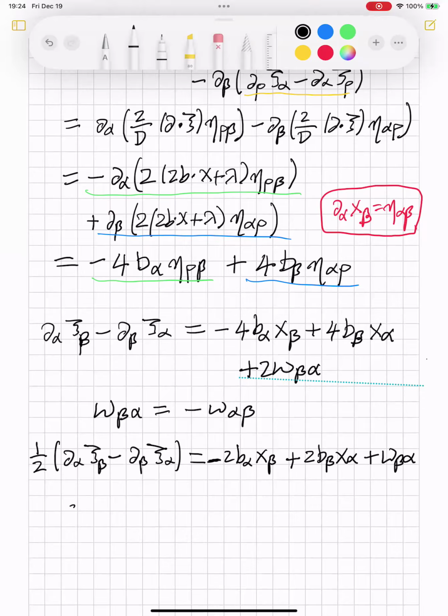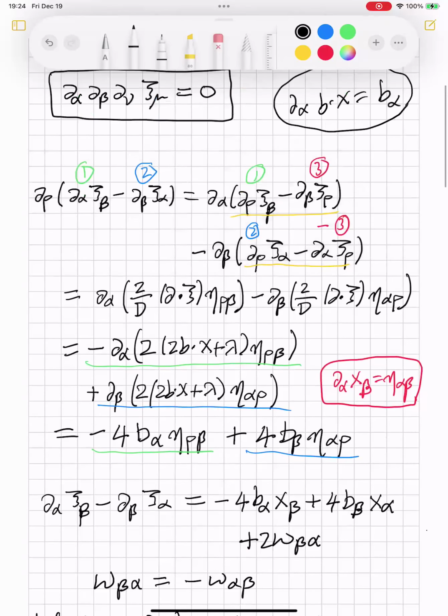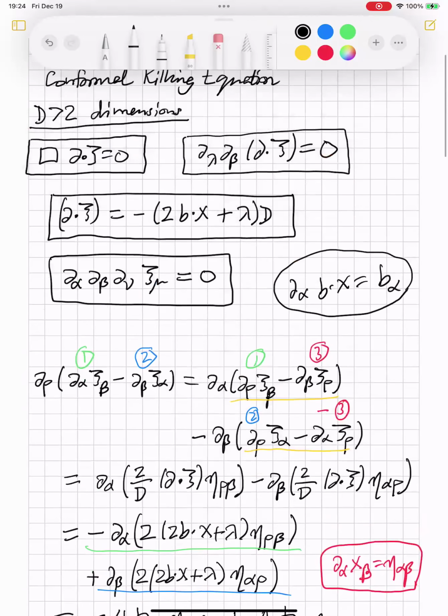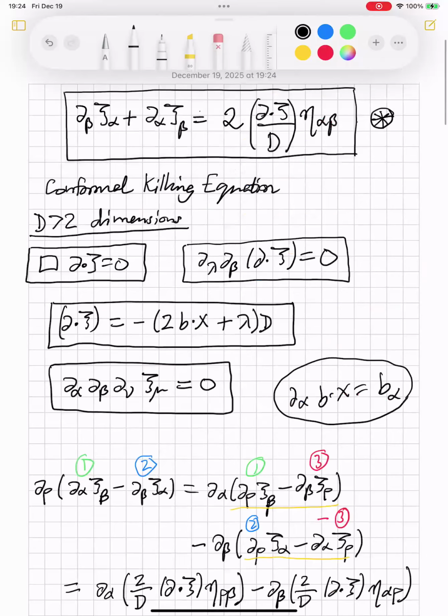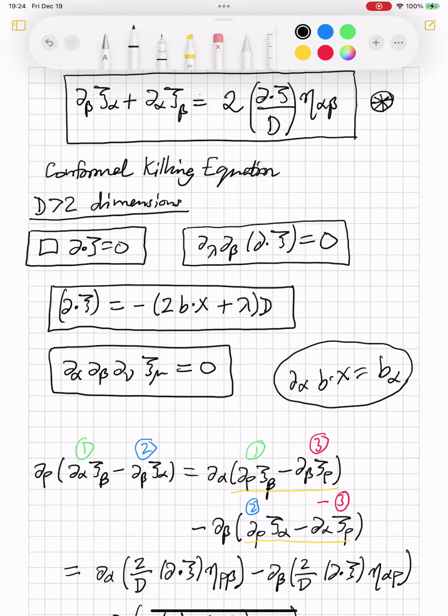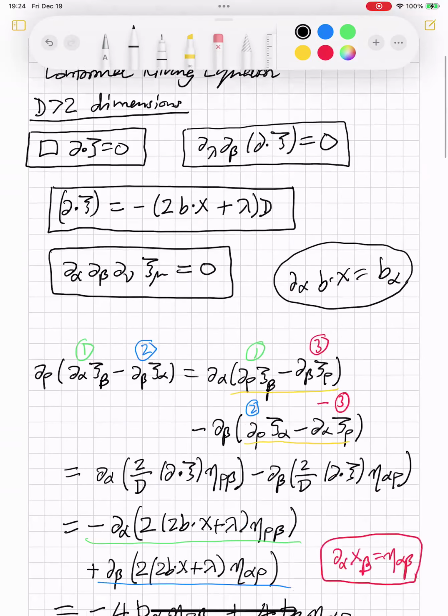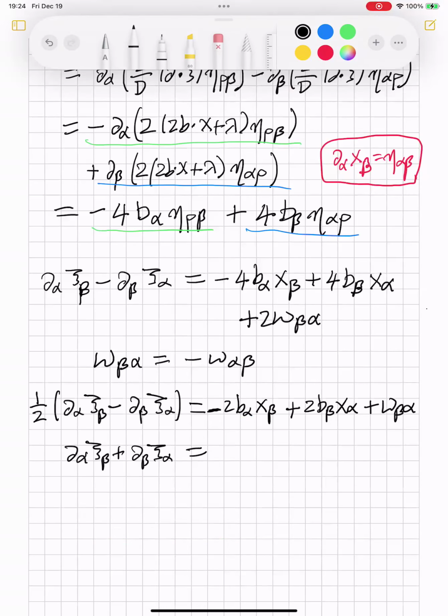Good. Now, why is this a nice quantity to look at? Well, let's look at d alpha zeta beta plus d beta zeta alpha. This is an easy quantity to calculate. Why? Well, it follows immediately from the Killing vector equation, the equation at the top of the slide, and we know the right-hand side. We know what d dot zeta is equal to. So d alpha zeta beta plus d beta zeta alpha is just 2 d dot zeta over d times eta alpha beta.